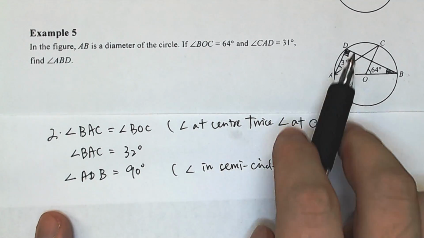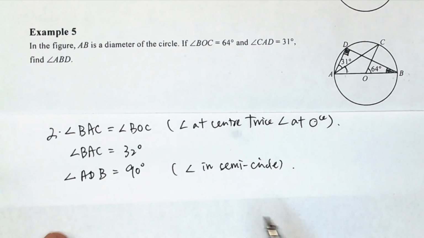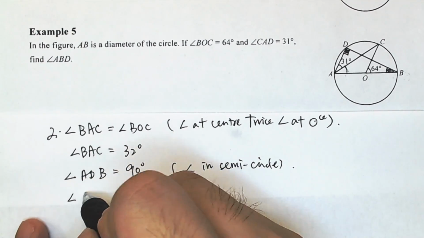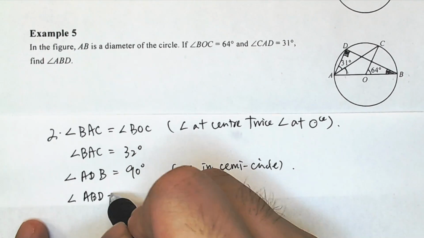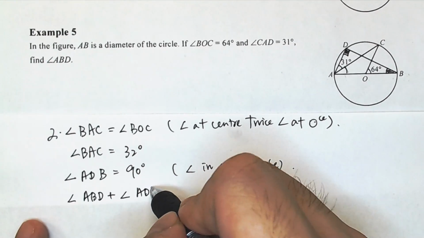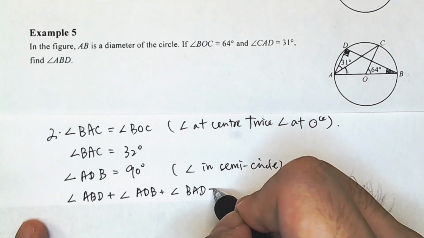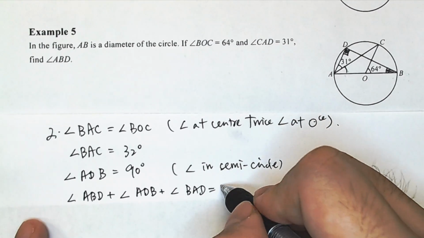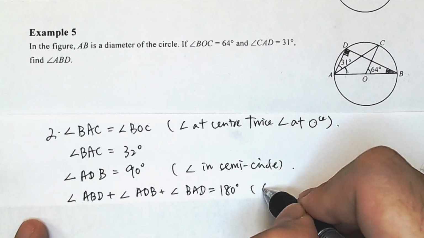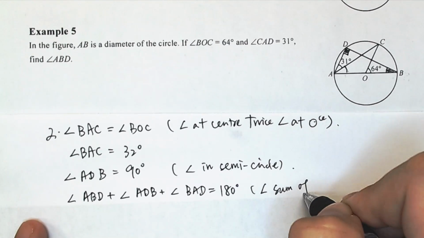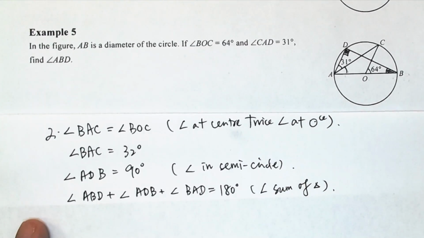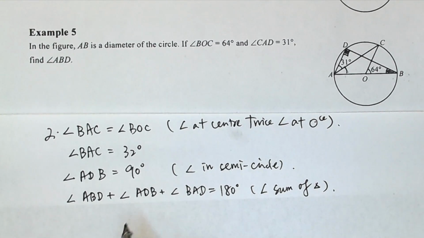And next, we use the angle sum of triangle to find the required angle. So angle ABD plus angle ADB plus angle BAD is 180 degrees, angle sum of triangle. Now plug all the things in.